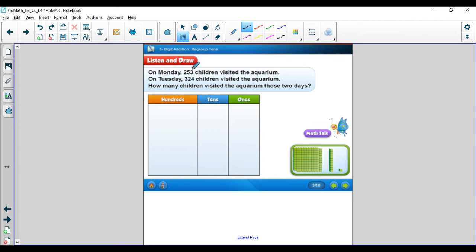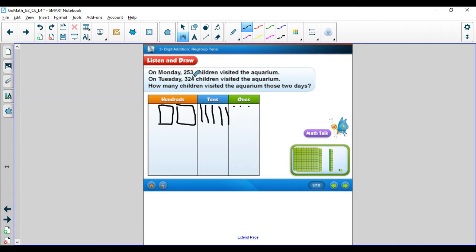On Monday, 253 children visited the aquarium. So we're going to draw our two hundreds, which remember, for our hundreds, we draw boxes. We have 5 tens, so we draw our sticks. 1, 2, 3, 4, 5, and 3 ones. 1, 2, 3.